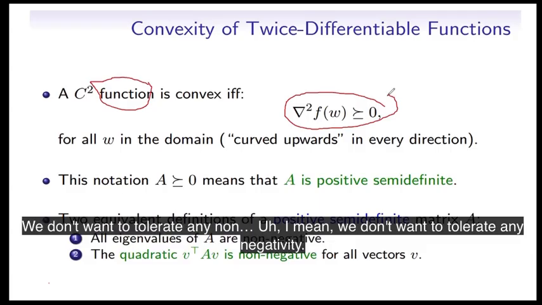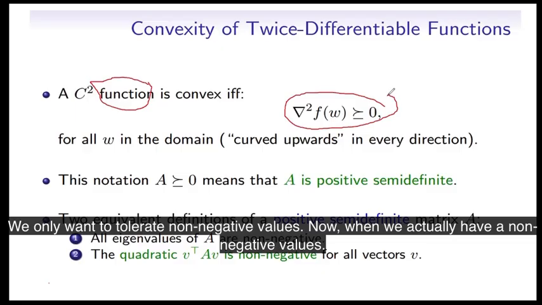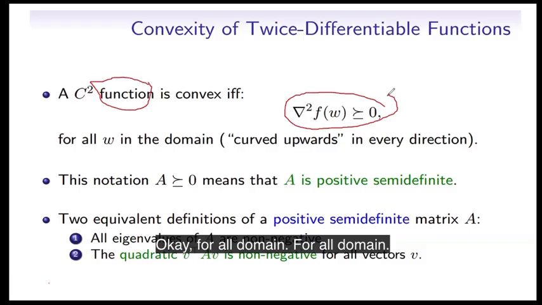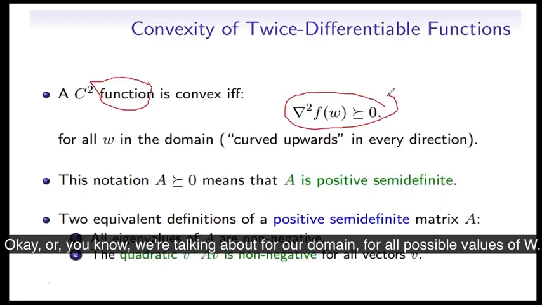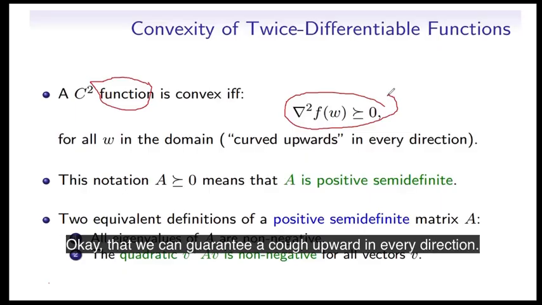We don't want to tolerate any negativity. We only want to tolerate non-negative values. Now, when we have non-negative values for all domain, for all possible values of W, we can guarantee a curve upward in every direction.